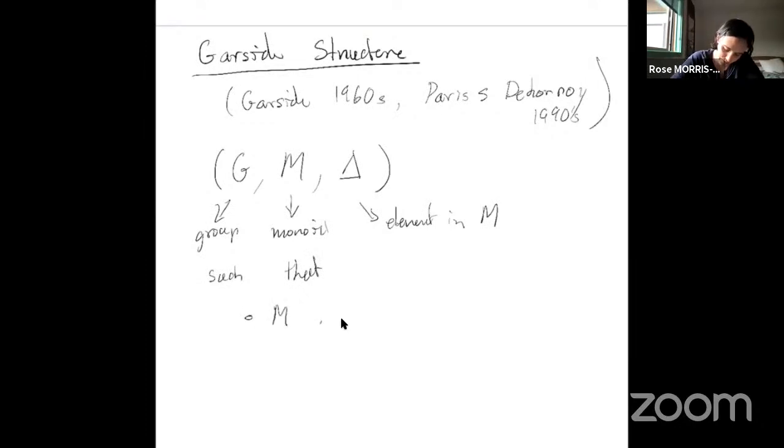First, we want M to be what's called atomic. This means that for every element in my monoid, there is an upper bound on the length of a word.